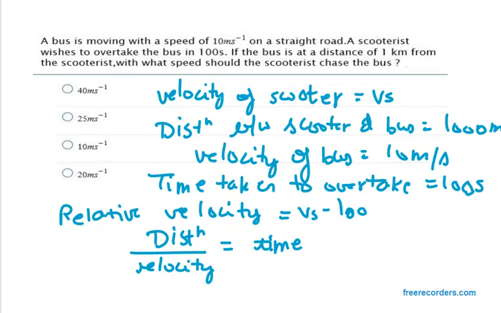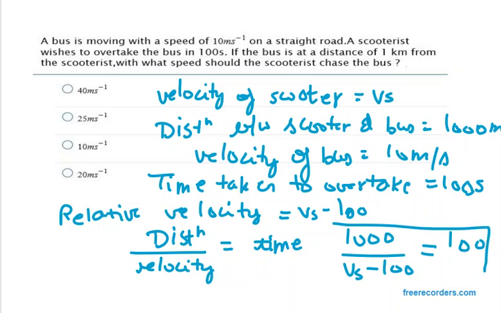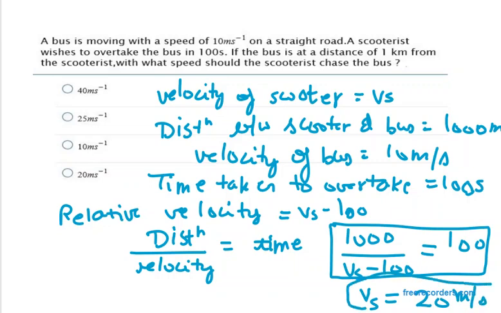So this can be represented as 1000 over Vs minus 10 equal to 100. Now you can solve this equation, and when you solve using cross multiplication, you will find that the Vs value comes out to be 20 meter per second. So the correct answer to this one is the last marker.